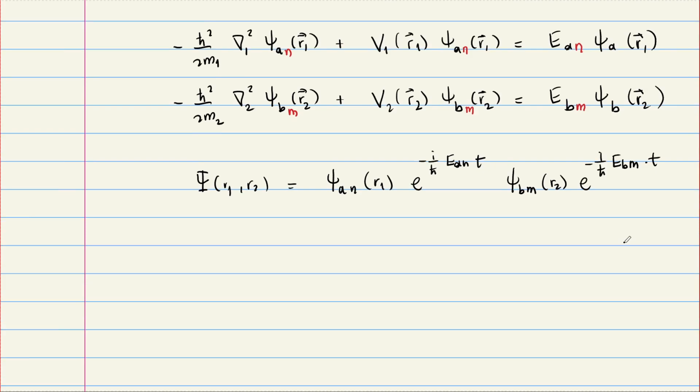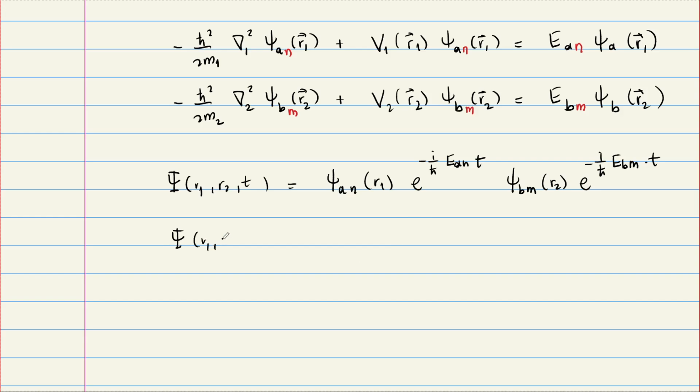So this is a solution, and this shows the time dependence. Okay, there's also time here. Time dependent Schrödinger equation. But we know any linear combination can also solve it, right? So this one, for example, is also a solution.